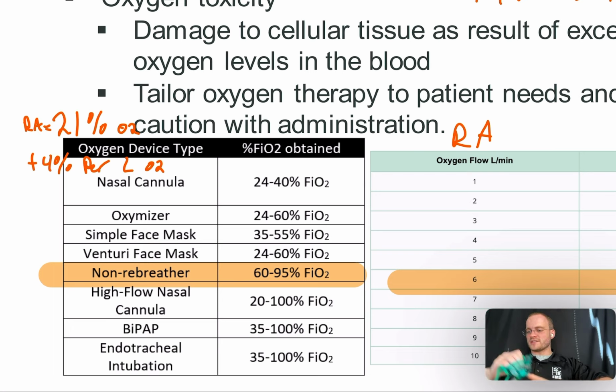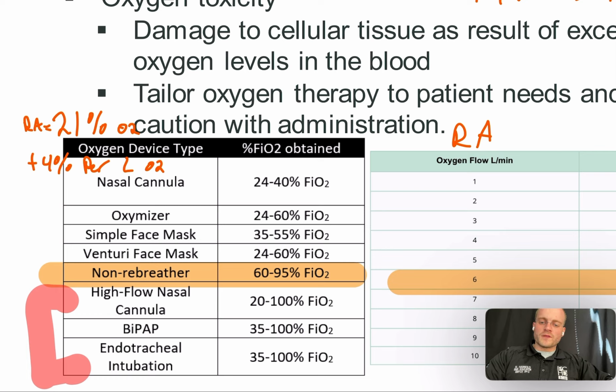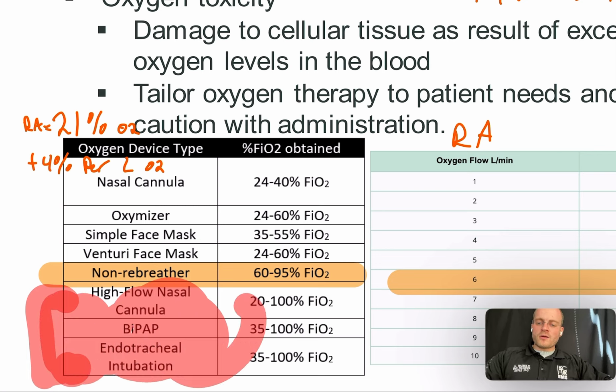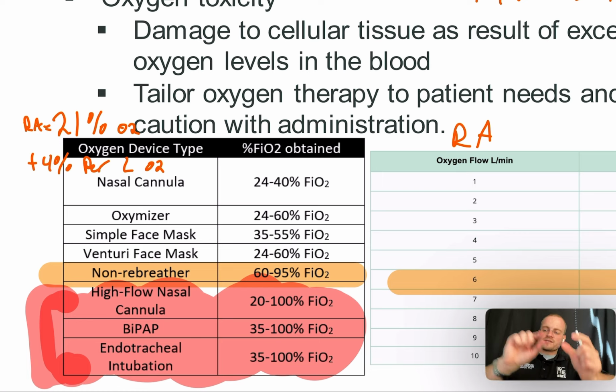And you might ask yourself, well, what about the other ones, Hunter? You don't necessarily need to memorize these other ones, but they're variable. As a paramedic, I can fine tune this. I can set the ventilator, I can set the numbers on the wall and decide how much oxygen I want to give.